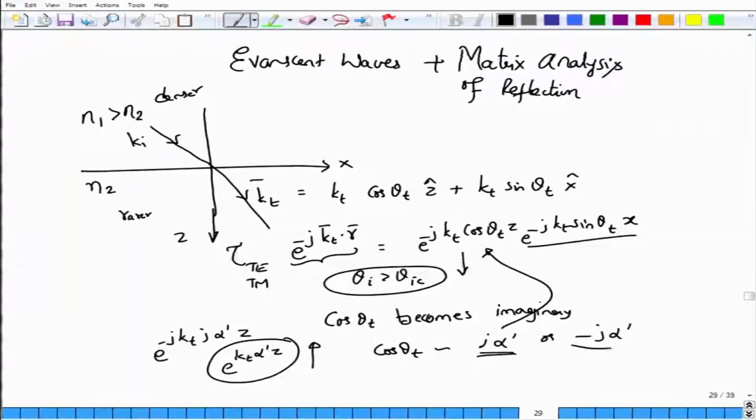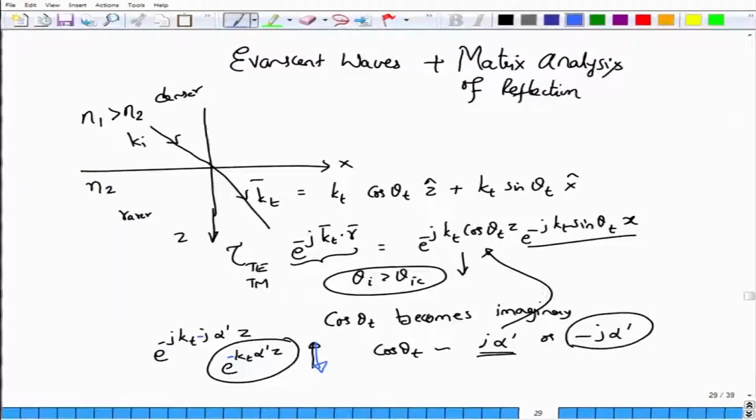If we choose minus j alpha, what will happen? Instead of a plus j here, I should replace this plus j alpha prime by minus j alpha prime, in which case you have minus j times minus j is minus 1. Therefore, there will be an e power minus Kt alpha prime into z. This will actually decay as you go deeper into the second medium.